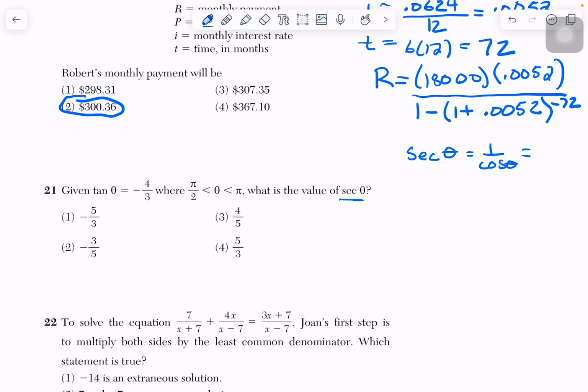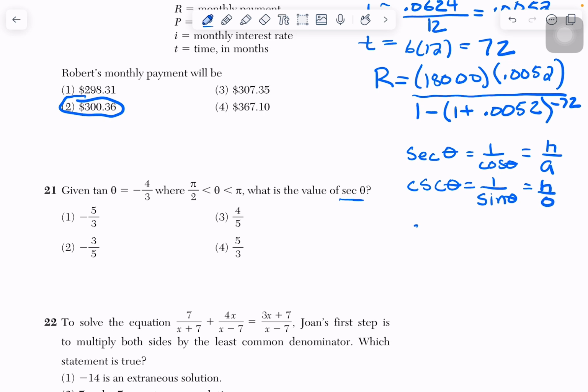Now cosine theta is adjacent over hypotenuse, so secant would be hypotenuse over adjacent. There's another one called cosecant, and that's equal to 1 over sine. So sine is opposite over hypotenuse, so this is hypotenuse over opposite.